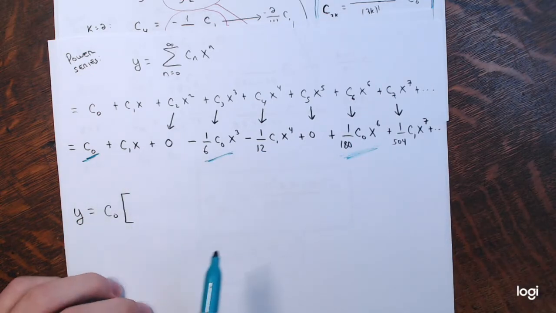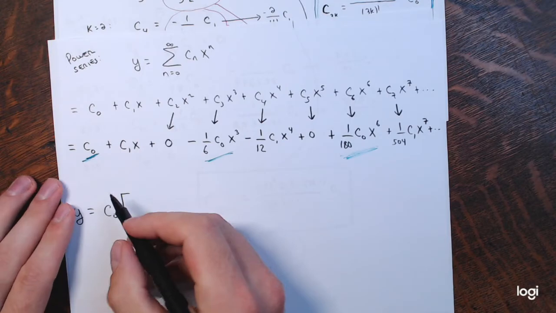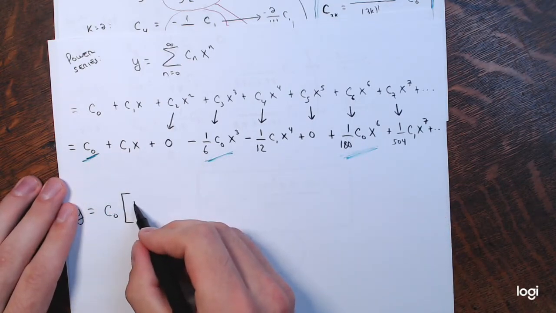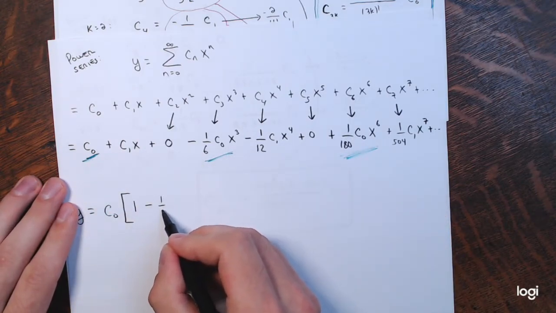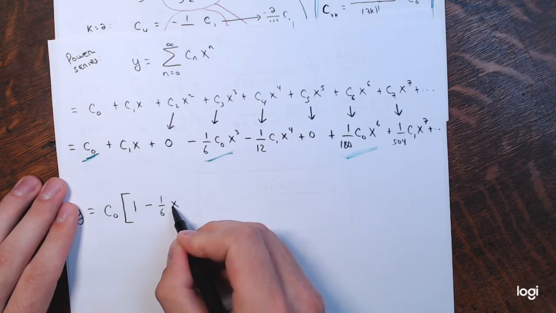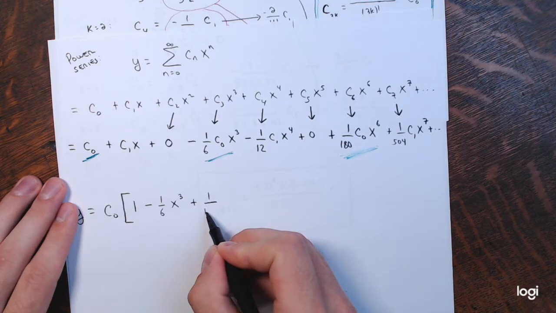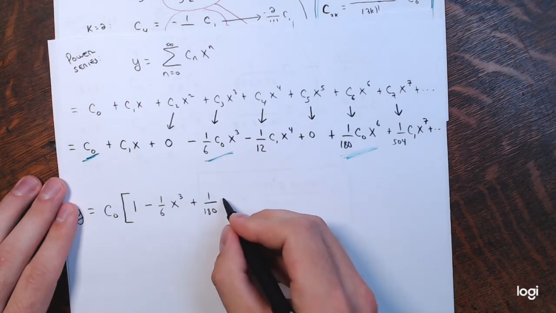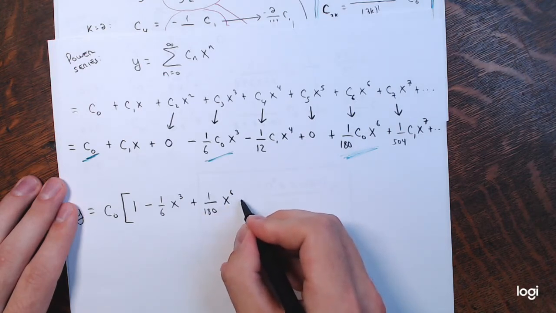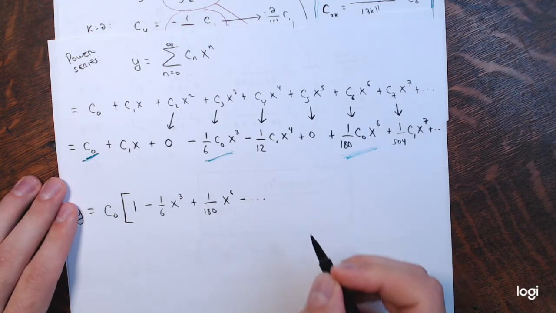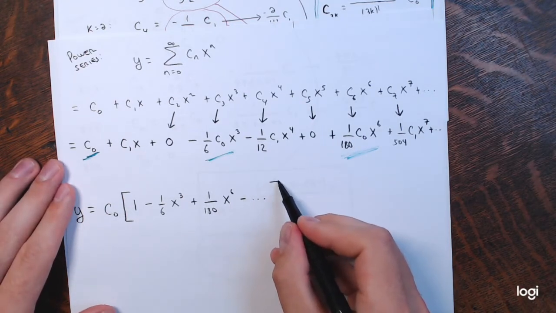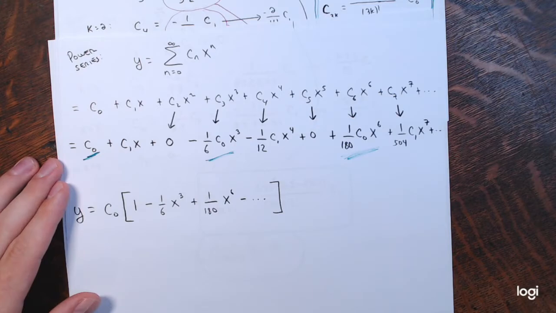If I pull c0 out, you'd have 1 minus 1/6 times x cubed plus 1 over 180 times x to the 6th, then minus and dot dot dot. All right, that's totally fine.